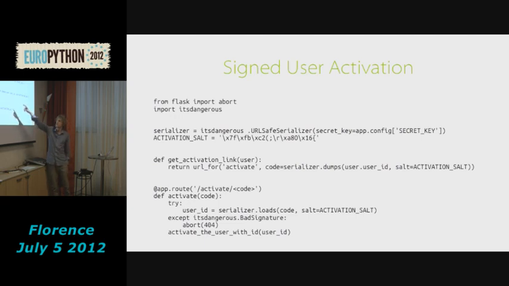Instead, what we're doing is we're dumping the user ID, and the salt is this one here. So if the user goes to the activation page, we load the code again. If it's a bad signature, it means the user tampered with the data, so we return a 404 because the link is not valid. Otherwise, we activate the user with this particular ID. There's nothing you have to store in your database. It's very efficient as a result of that.